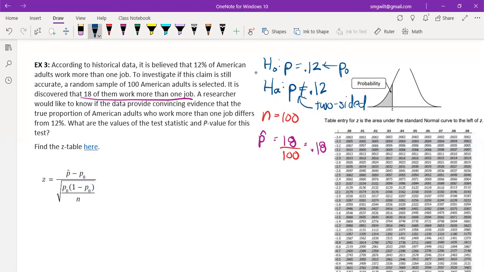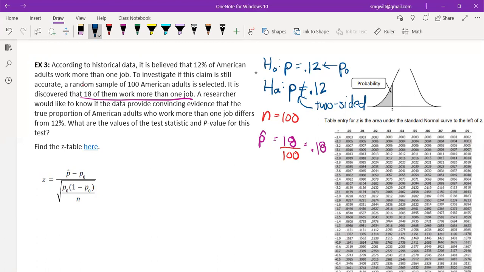That means p could be less than 0.12 or p could be greater than 0.12; we aren't qualifying what value that is, just that it's different. Looking at our sample, it's bigger, but we still have to test the probability that it's bigger or smaller. Since it's two-sided, this one's going to be a little bit more complicated than some of the other ones. We'll talk about what those would look like in the example when we get to that point.